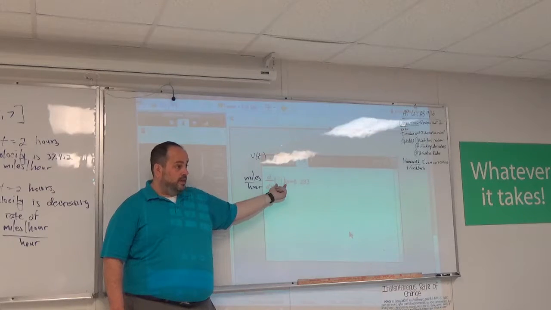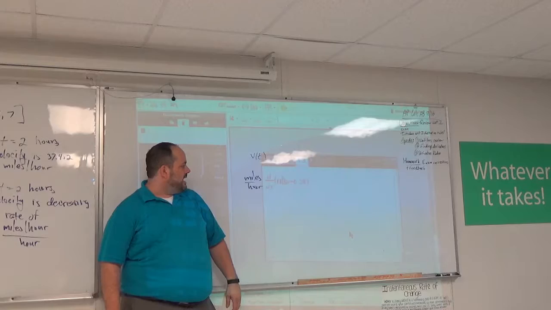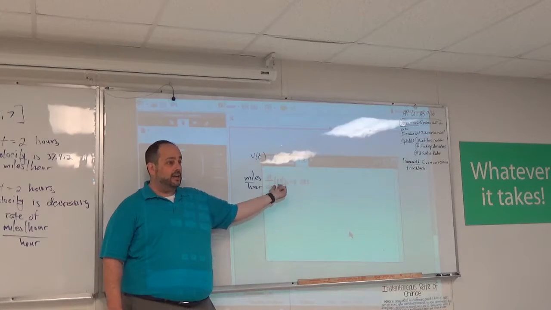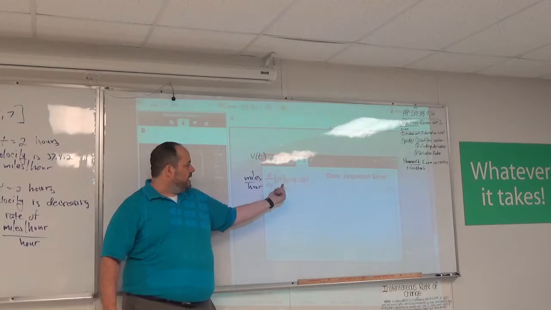Right, just type in f1 of x. Oh, this is perfect. f1, and it's in bold, so the calculator's like, oh, I know what you're talking about. f1 of x, though. It needs to be a function.